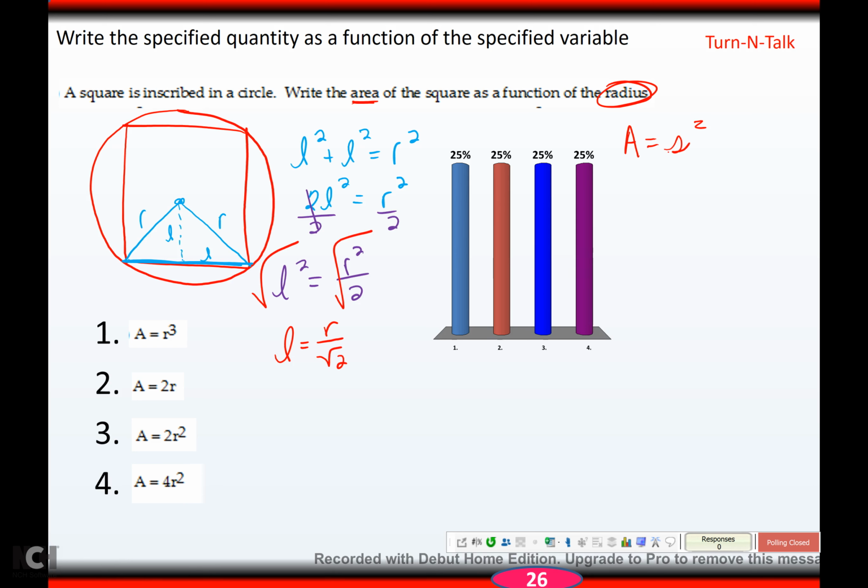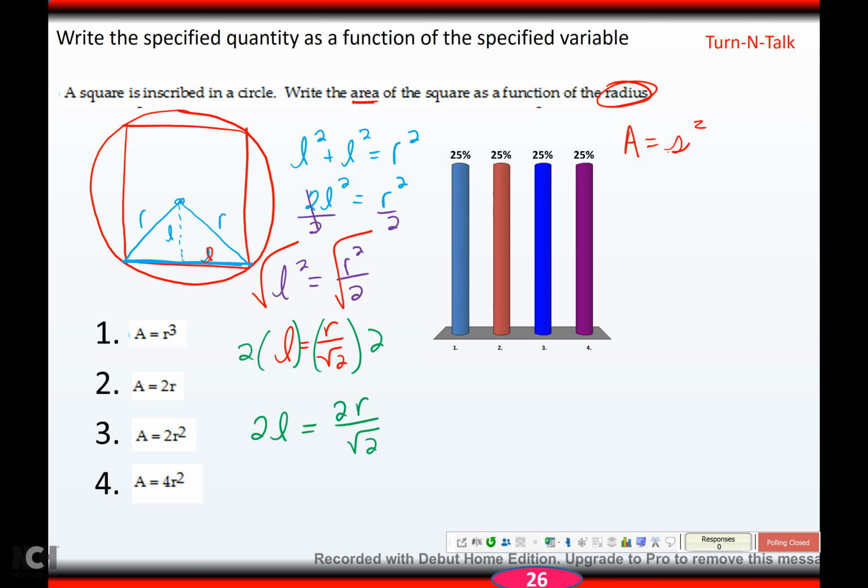Okay, so now I know what L is, but that's not the length of the side, that's only half of it. So to get the other half of it, I need to double this. So multiply both sides by 2, and I get 2L equals 2R over the square root of 2. Okay.